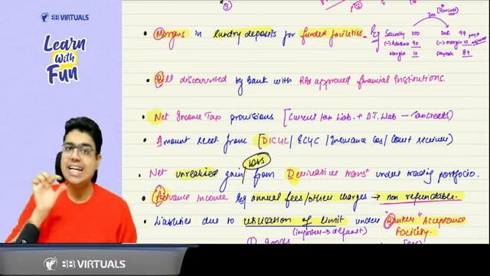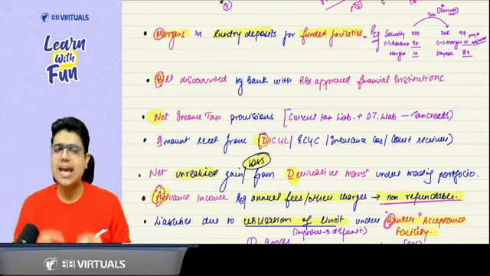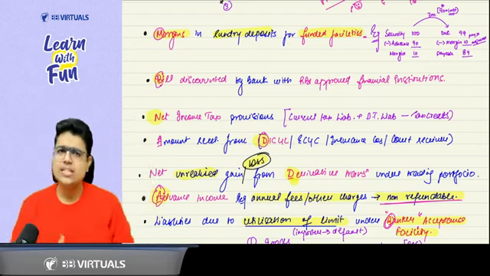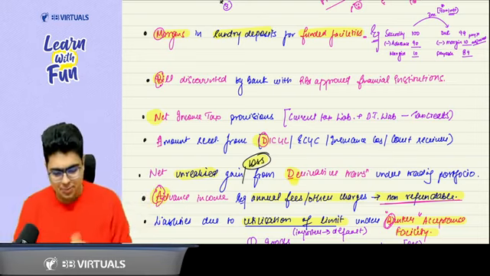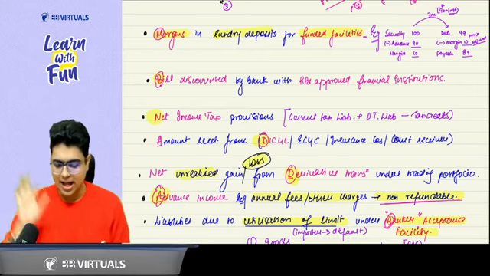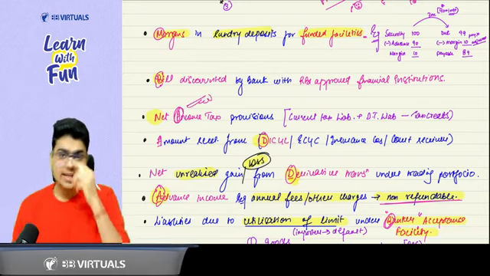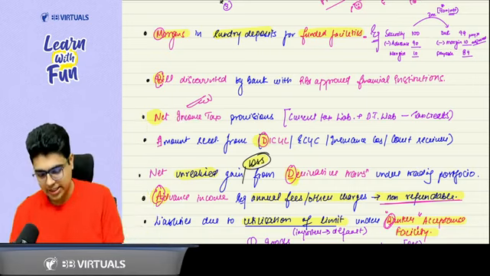DDI: what do you mean by DDI? D means DICGC. Any amount received from DICGC, ECGC, or an insurance company or court receiver is not a part of liability. The second last point is derivative transaction unrealized loss, and I for net income tax. Whenever there is a net income tax provision, that also becomes another type of liability.